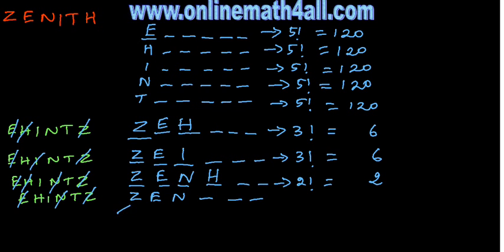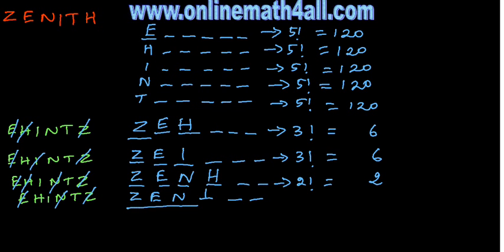So I have to move to the 4th place. The 4th place is to be filled with one of the remaining 3 letters H, I, and T in alphabetical order. H comes first, but already we have taken H for the 4th place. So we have to consider the next letter which comes after H. It's very clear, I. So I fill the 4th place with the letter I.